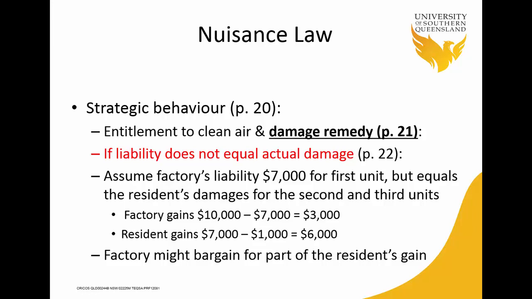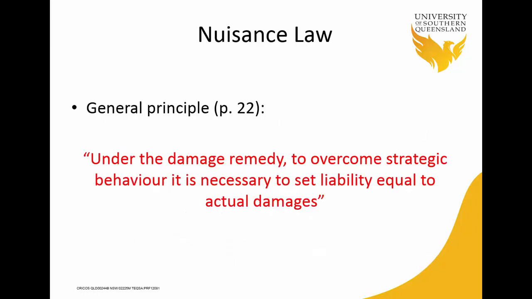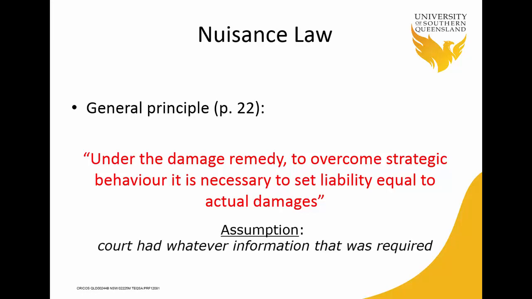So they're trying now to bargain with the resident, basically: if we breach, how much are you going to pay us out of these damages? That sort of strategy or behavior. All right. So again, under this damages remedy, in order to overcome the strategic behavior, you have to make sure that the liability is equal to actual damages. All right.